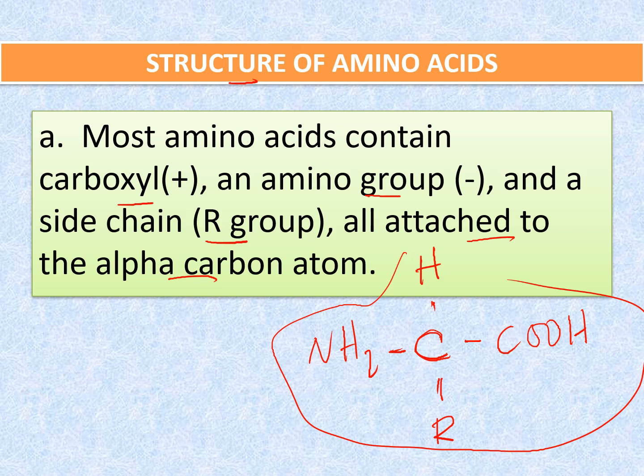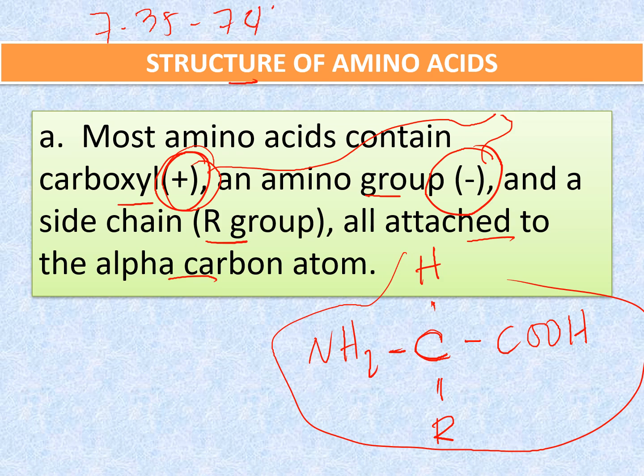And take note, we have the carboxyl group, which carries a positive charge, and the amino group, which carries a negative charge. Take note, don't be confused by this one. Remember in the previous slides, I mentioned that at physiologic pH 7.35 to 7.45, the carboxyl group will always carry a negative charge, and the amino group will carry a positive charge.